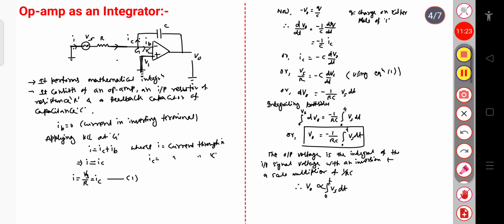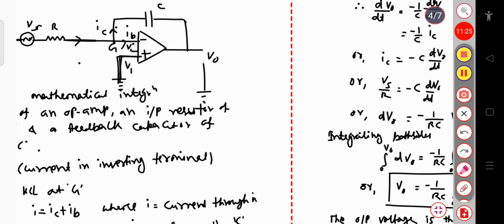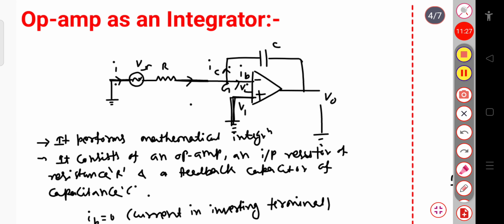Basically you can see the difference between the op amp as a differentiator and an integrator. When it is used as an integrator, the feedback element is a capacitor, and at the inverting terminal the resistor is present. But in case of the differentiator, the feedback element is a resistor, and at the inverting terminal you have to place a capacitor.